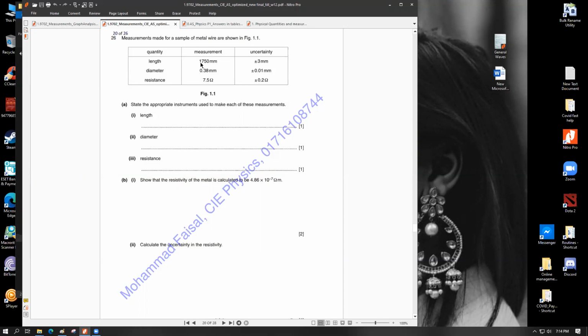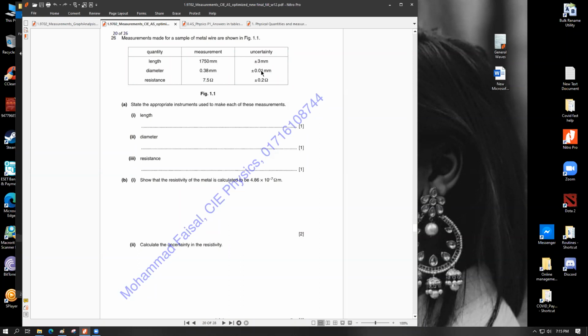What I mean here is that every observation that you make to make a measurement would incorporate one smallest fraction of that device as uncertainty. So in my opinion, a convenient device here should be a measuring tape, because you can see here as well that it says the uncertainty of the length is plus minus 3 millimeter.